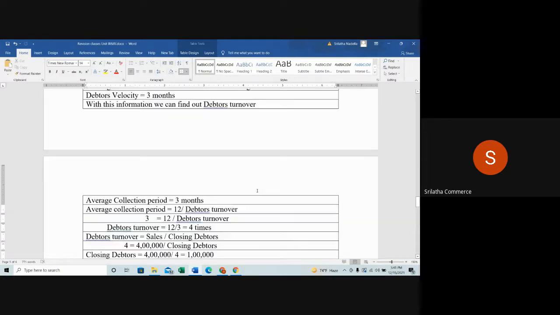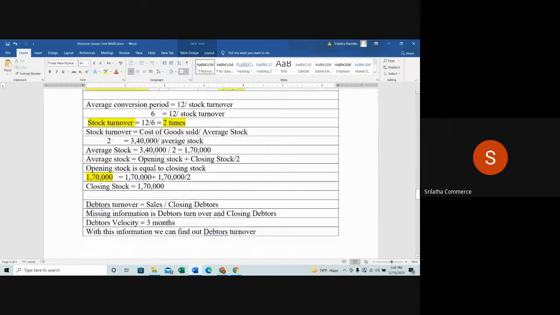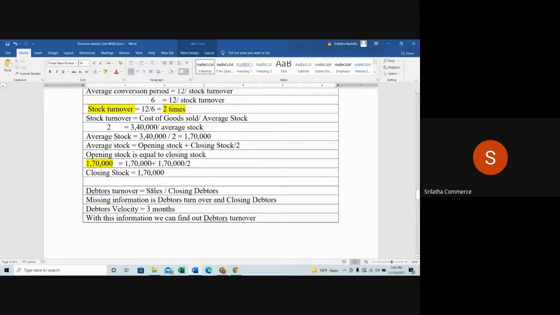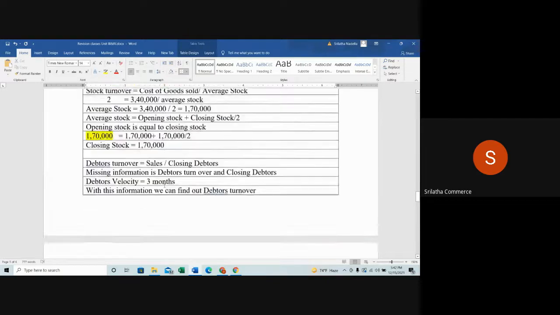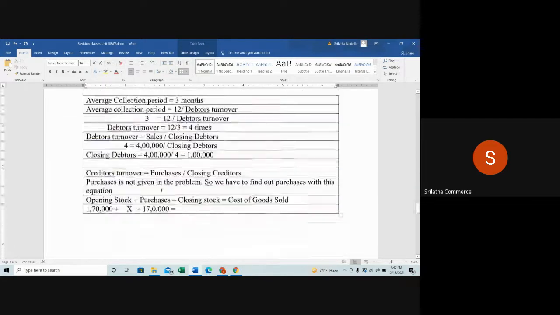Do you know opening stock? Yes, opening stock is 1,70,000, closing stock is also 1,70,000. So 1,70,000 plus x minus 1,70,000 is equal to cost of goods sold, which is how much? 3,40,000.